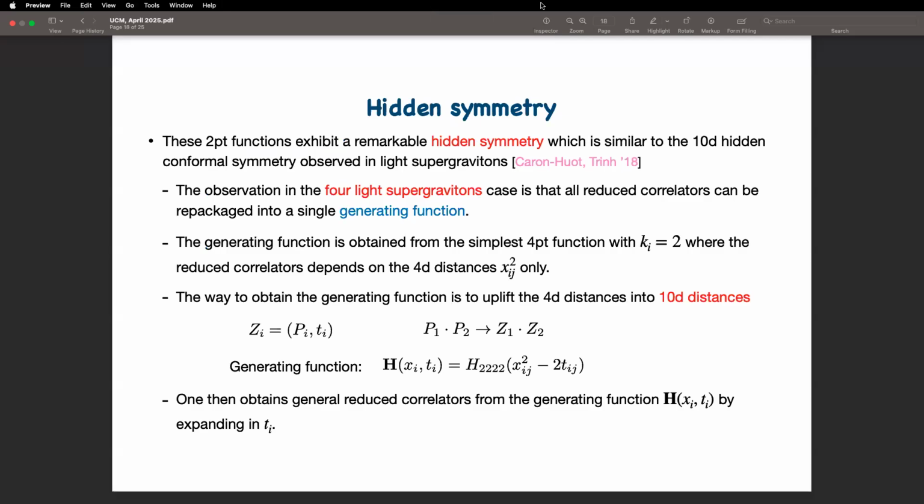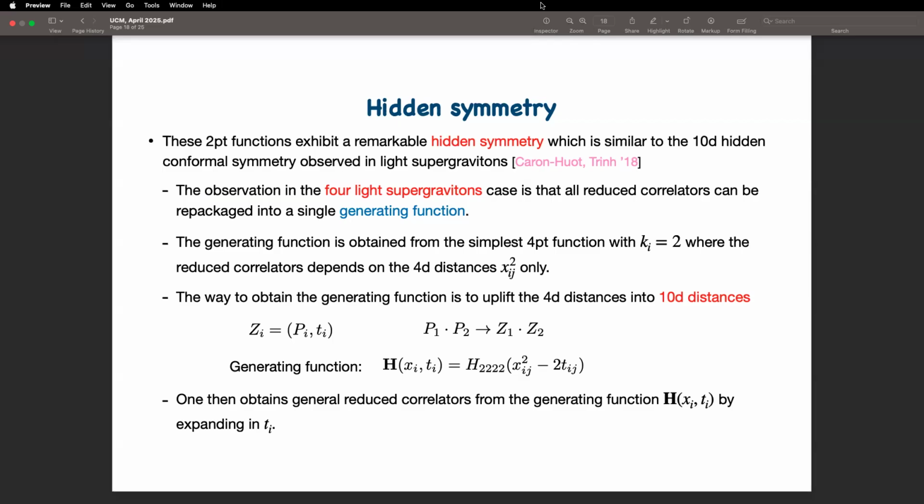Now, let me point out some very interesting features in these supergravity two-point functions. We find that these two-point functions exhibit a very remarkable hidden symmetry, which is similar to the 10-dimensional hidden conformal symmetry first pointed out by Caron-Huot and Trinh for the 4-point functions of light supergravitons. So let me first briefly review what is this hidden symmetry they observed.